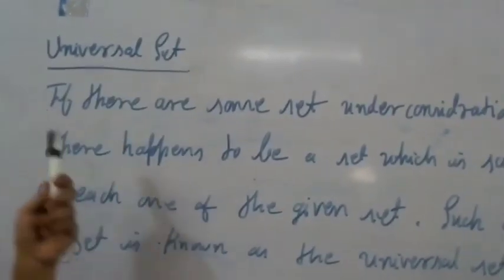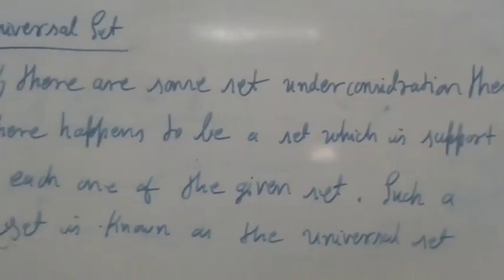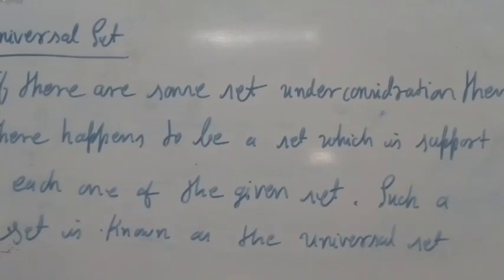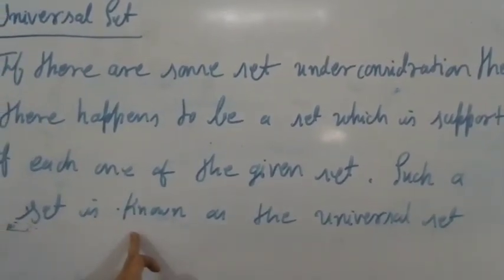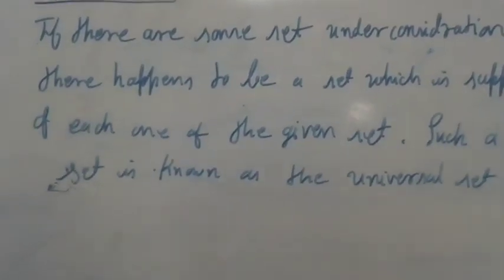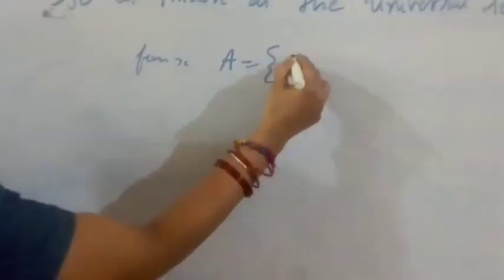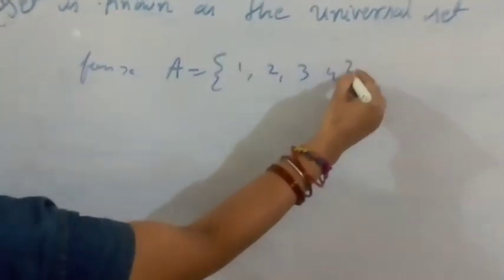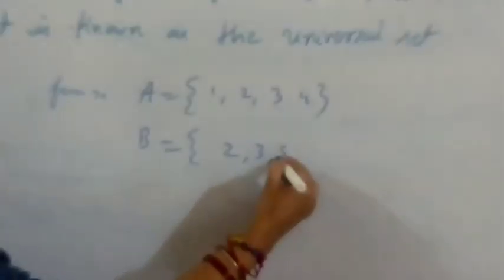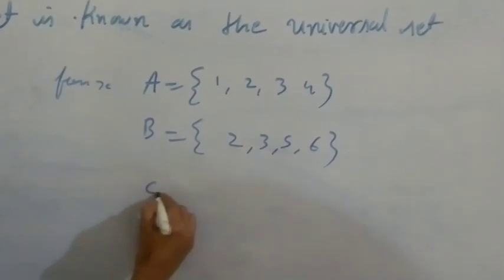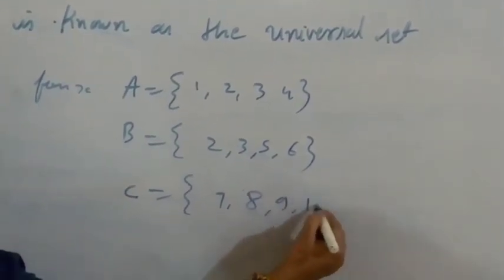Universal set. If there are some sets under consideration, then there happens to be a set which is a superset of each of the given sets. Such a set is known as the universal set. For example, we have A = {1, 2, 3, 4}, B = {2, 3, 5, 6} and C = {7, 8, 9, 10}.